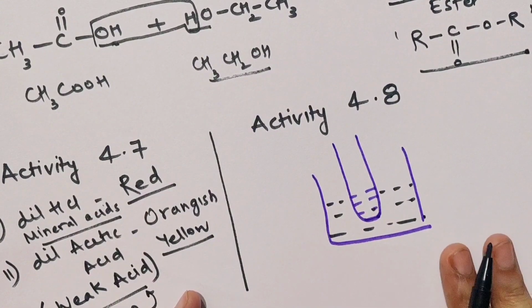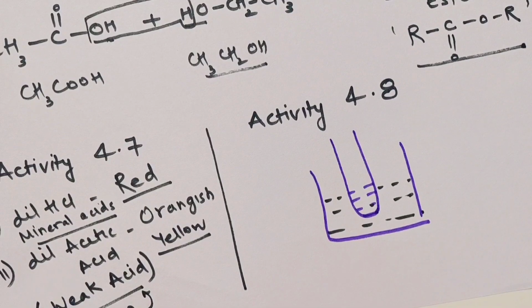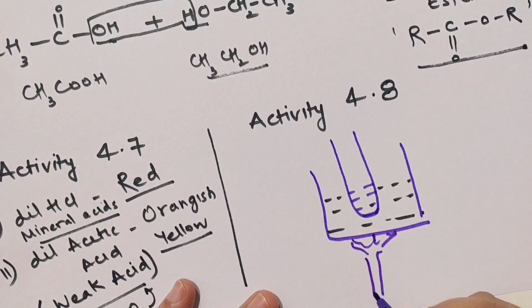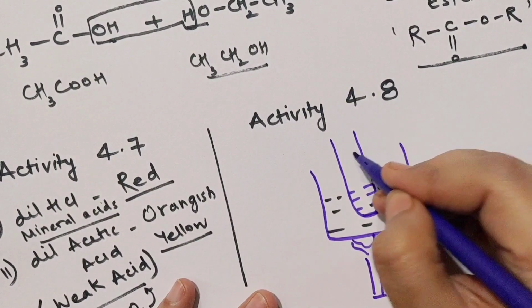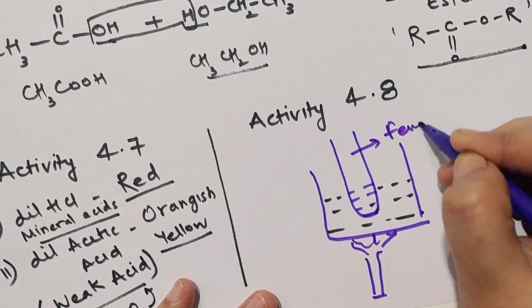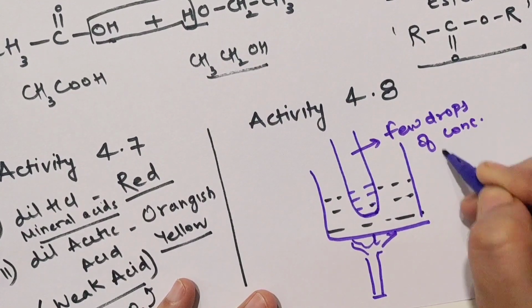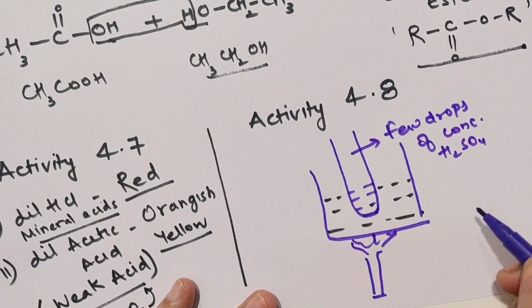We call it a water bath simply because it has water. Then you heat it on a Bunsen burner and add a few drops of concentrated sulfuric acid also, because that just accelerates the reaction.